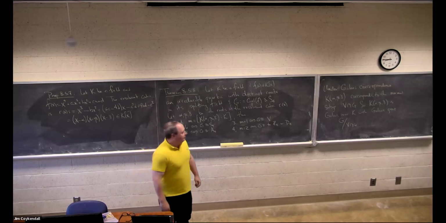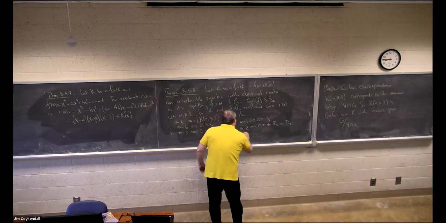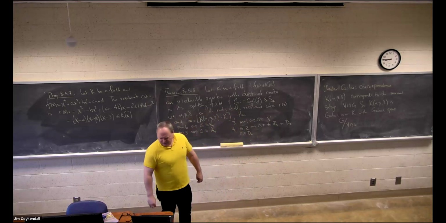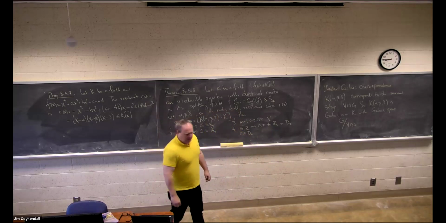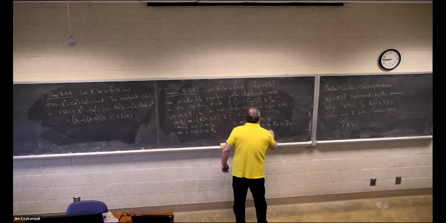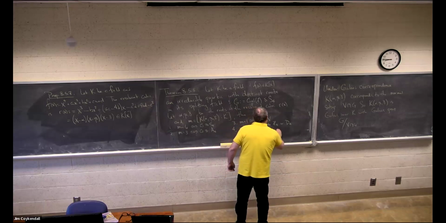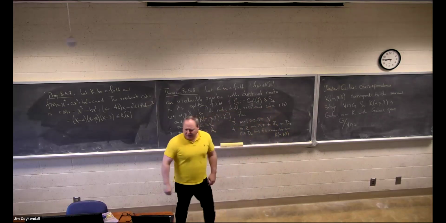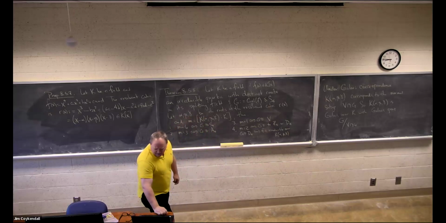In this case, G is isomorphic to D4 if and only if F is irreducible over K(alpha, beta). So that's the last stepping stone that you need.